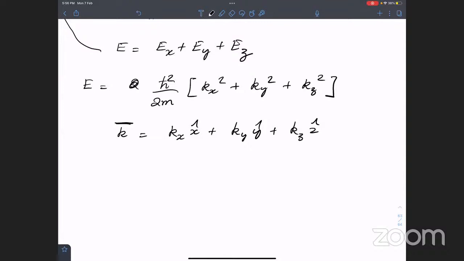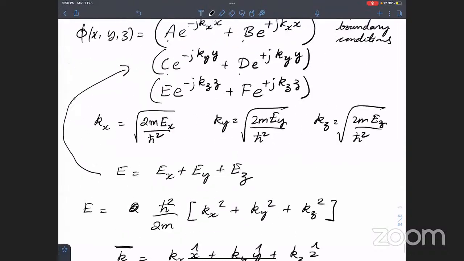That's all there is to it. And so what is my total momentum? It's h bar k. Momentum is a vector. It has all 3 components, right? Nothing surprising there. Okay. I hope this is clear to you.